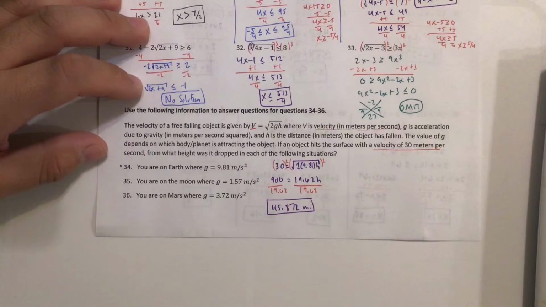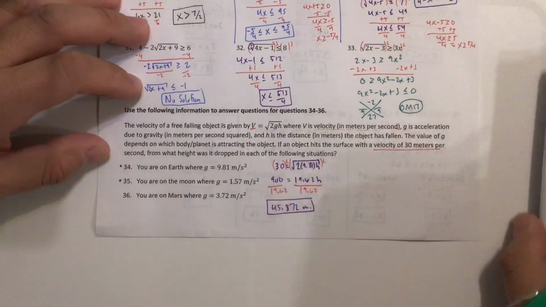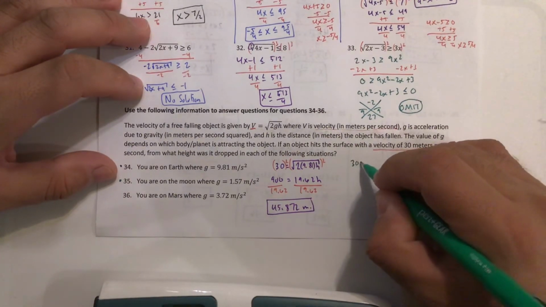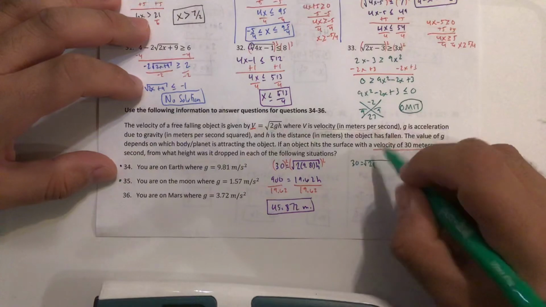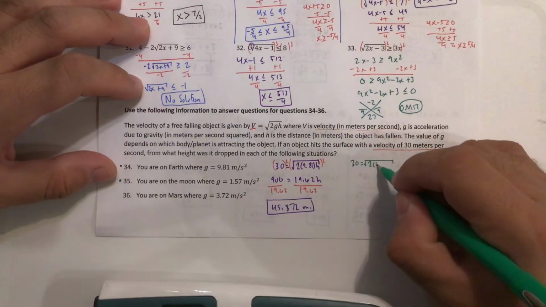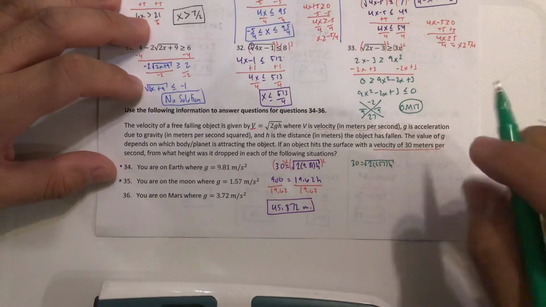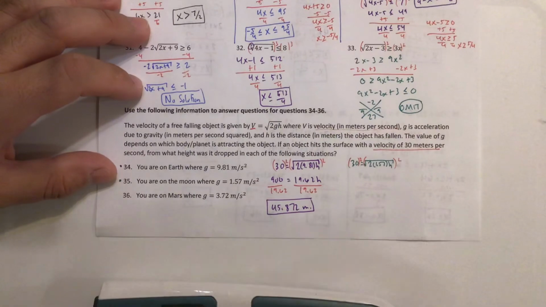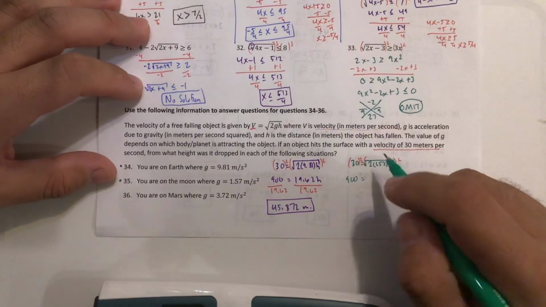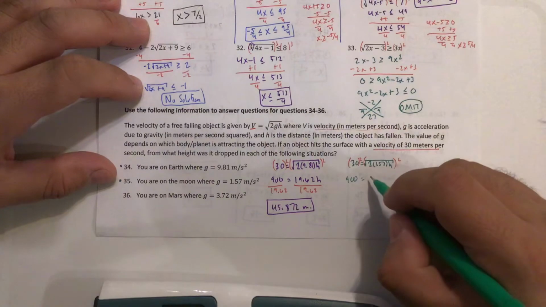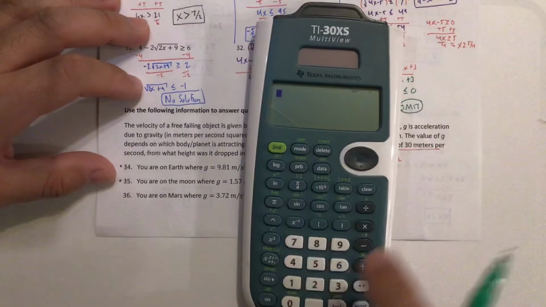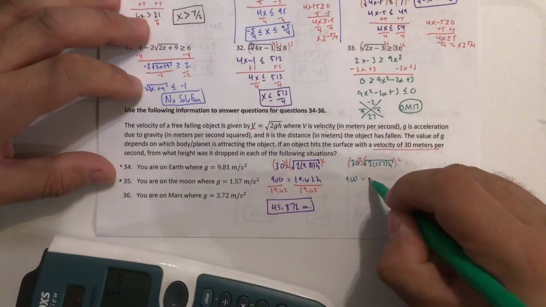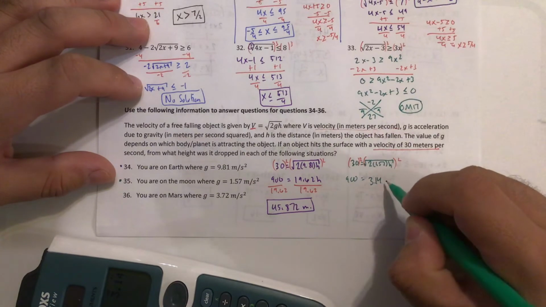All right, for the second one, we'll do this one in green. So this time we have, again, the velocity is 30 equals the square root of 2 times my gravity of 1.57 h. So the process is going to be very similar. Square both sides. Again, we get 900 equals 2 times 1.57 is, I want to say 3.14, but let's go ahead and verify that. 2 times 1.57, so 3.14h.